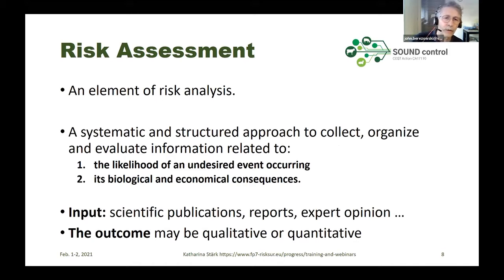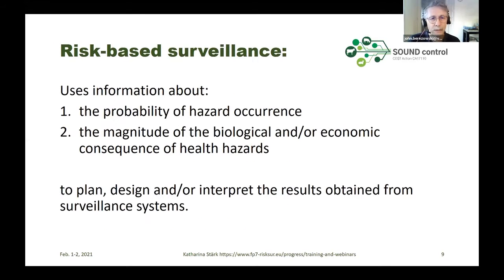So of course we talked about risk assessment yesterday. It's an element of risk analysis, and it considers both the likelihood of an undesirable event occurring and its biological and economic consequences. So the two things together are considered in risk assessment, and we use these two in risk-based surveillance.